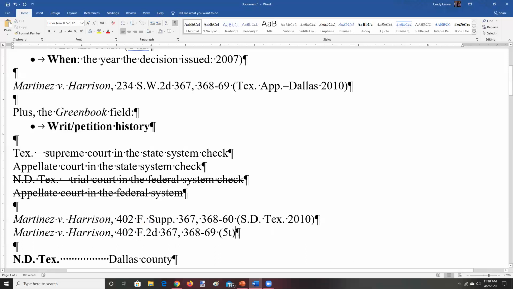We'll do the First Court of Appeals. So I would do 1, space, space, space, Cir., 2010, and then I'm going to do ST. One thing to remember is there is no period after the ST, and we can do this if we're doing the Second Court of Appeals. The same pattern works. 2, space, space, space, Cir., 2010, ND.